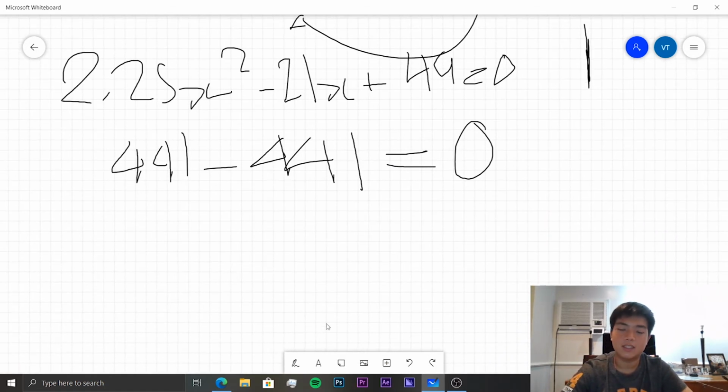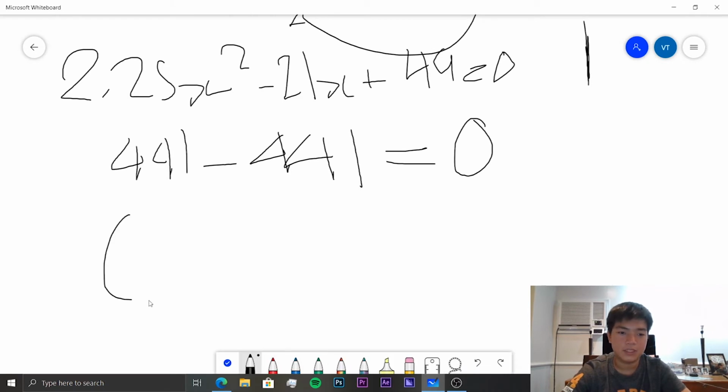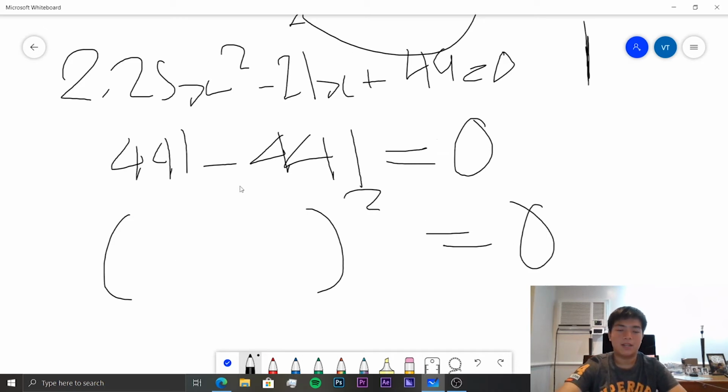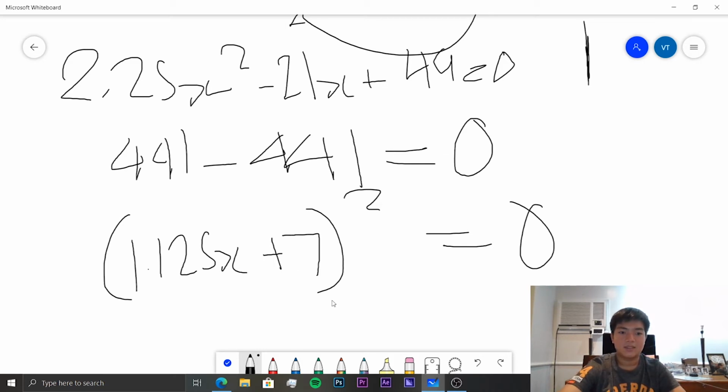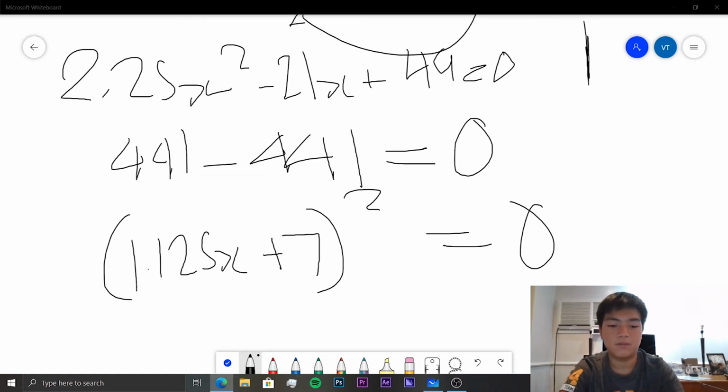An interesting thing to note is that for all equations that have one real root, you can express them as some linear expression squared equal to 0. In this case, it would probably be something like 1.125x plus 7. Is that even correct?